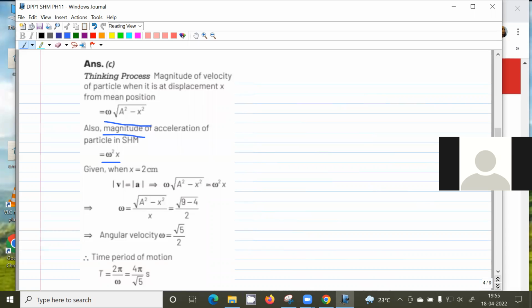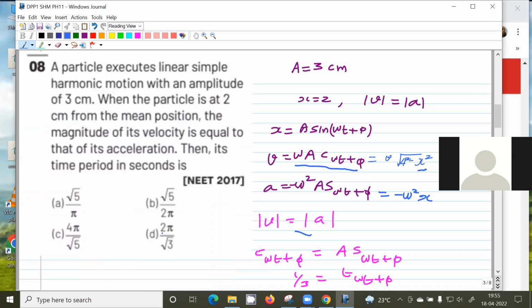Okay, so then you have to do this one, and he has given x equal to 2. So putting that, you get omega. Once you know omega, you'll find the amplitude. So which option is that? Third option. Yeah, option C. Right. I tried to do it this way. So when I put this one, what mistake am I making here? Omega A will get cancelled.